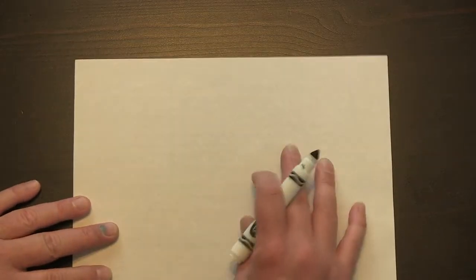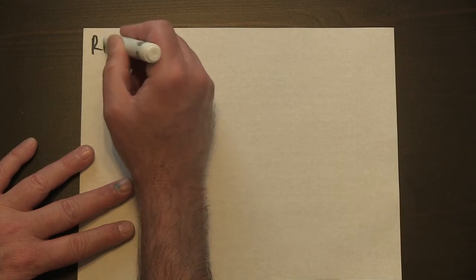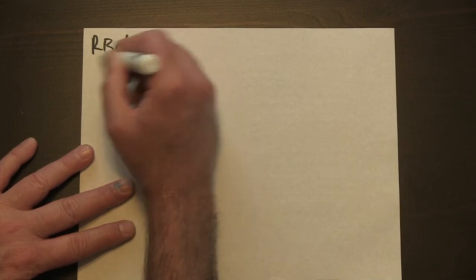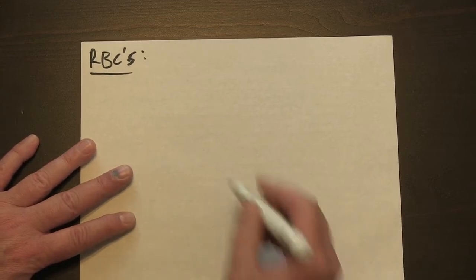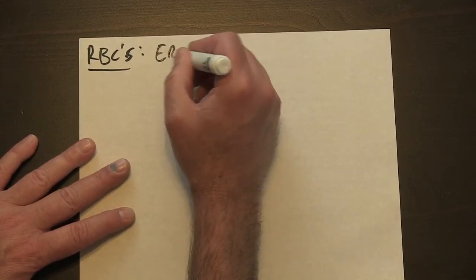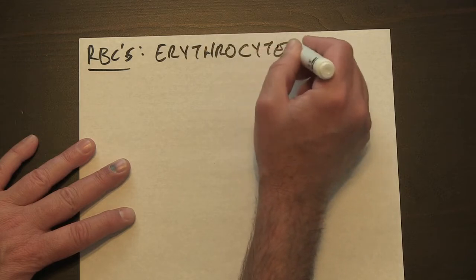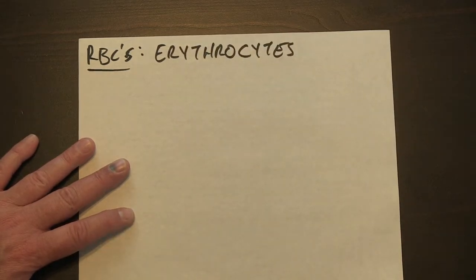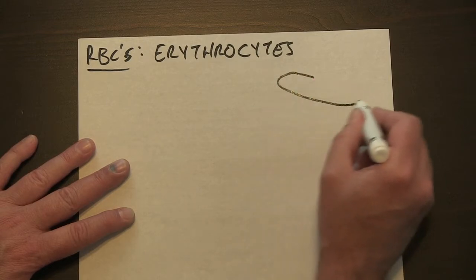Red blood cells, RBCs. The fancy sciencey word for that is erythrocytes. They are described as being biconcave discs.